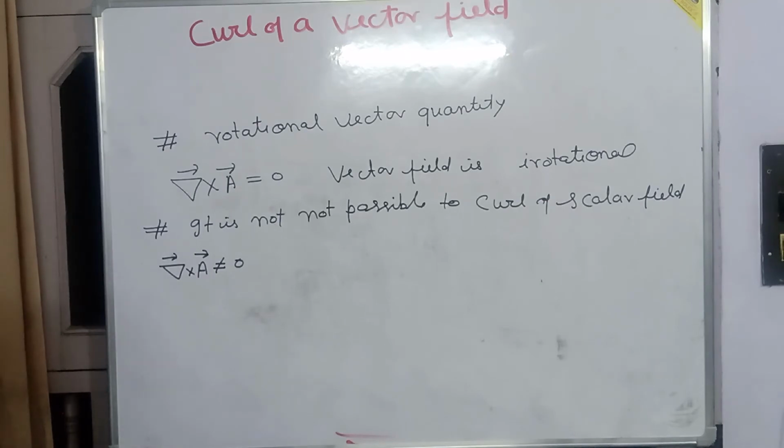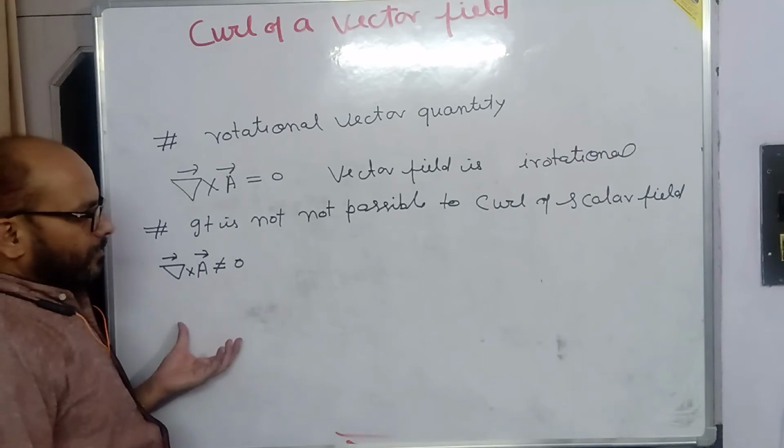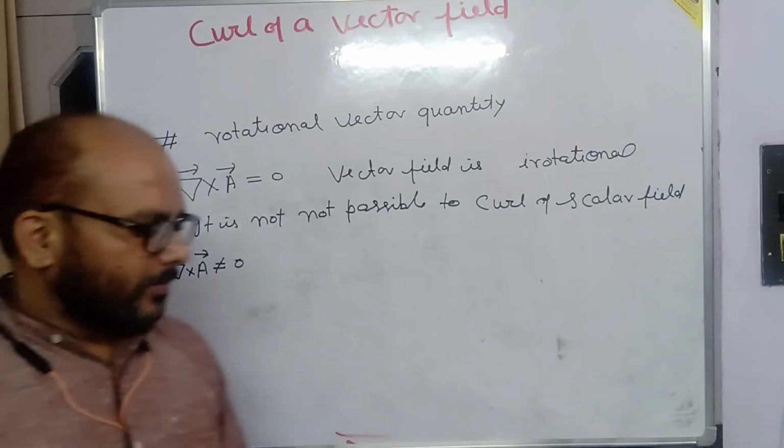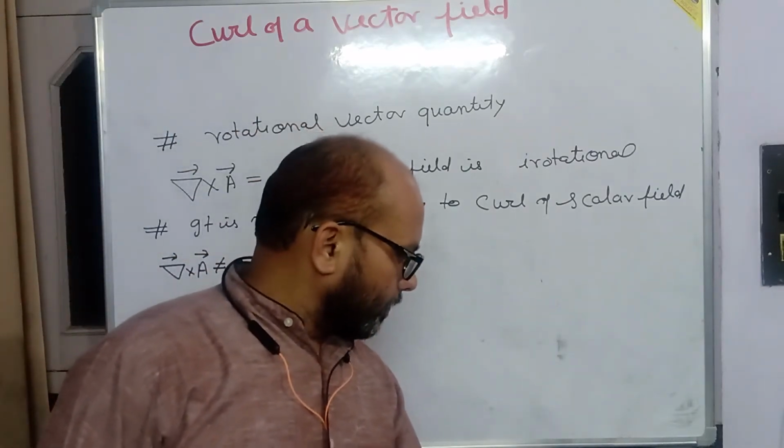That means the vector cross product gives the vorticity of the vector field. Okay?